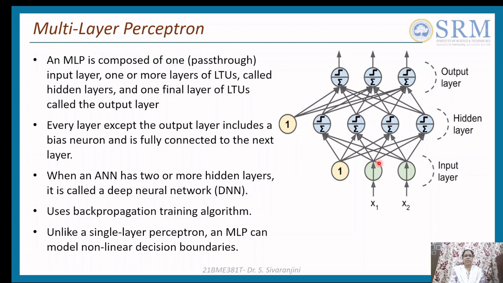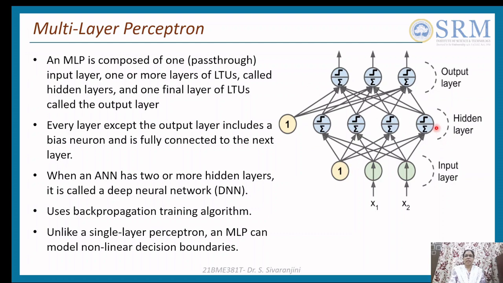So what is this multi-layer perceptron? Basically, it is composed of an input layer, hidden layers, and an output layer. In a perceptron we have only one linear threshold unit, but here we can have one or more layers of linear threshold units, and these are called the hidden layers.